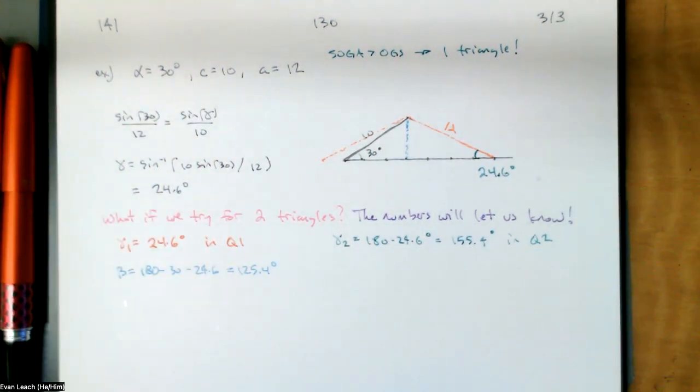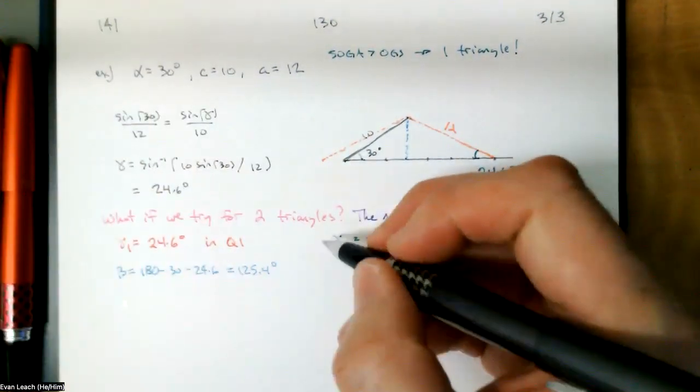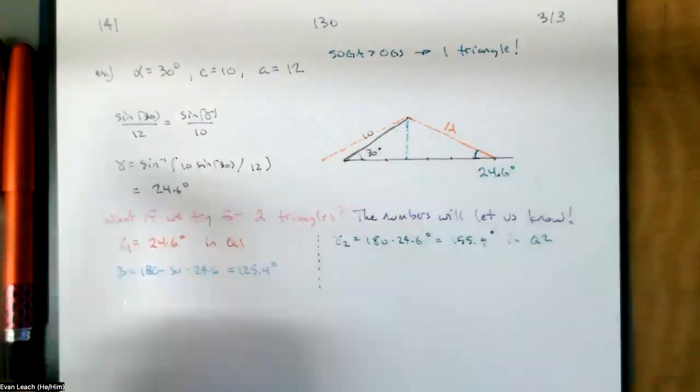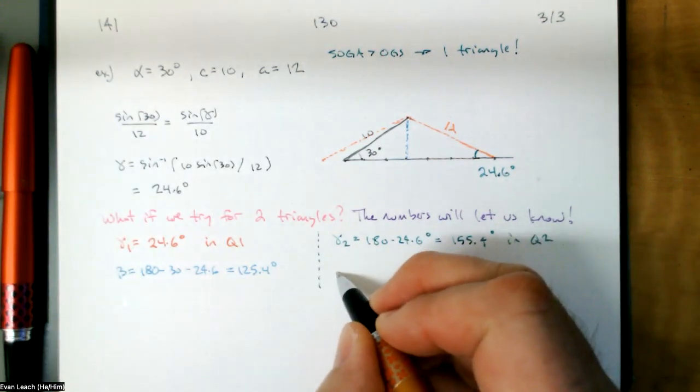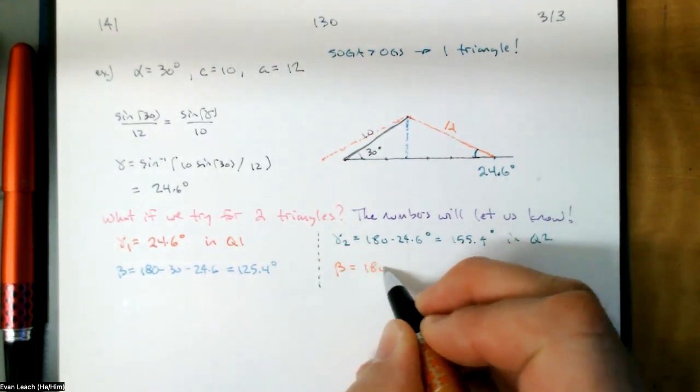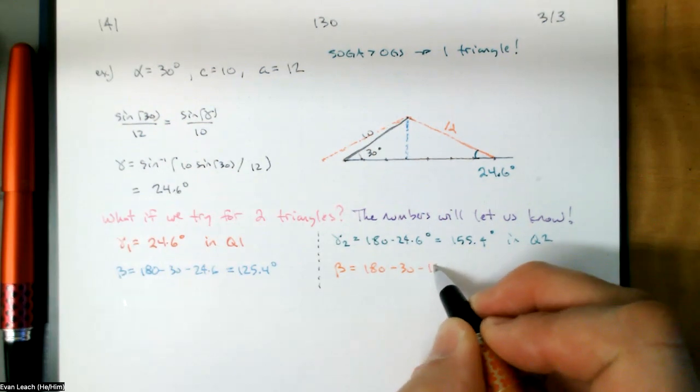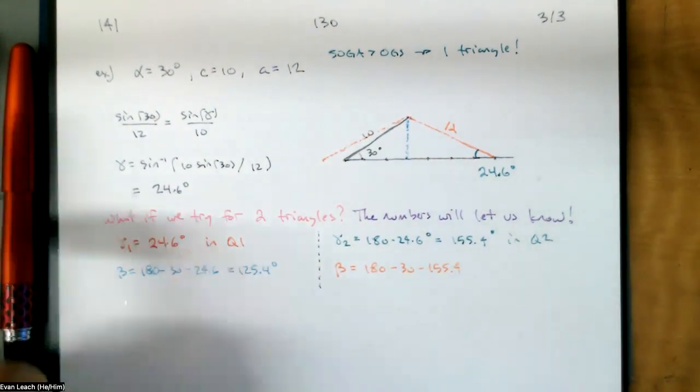Now, if I try that on a second triangle with this 155.4, we might already be able to see what the problem is going to be, because beta would be 180 minus the 30 minus 155.4, and that's going to end up being negative.